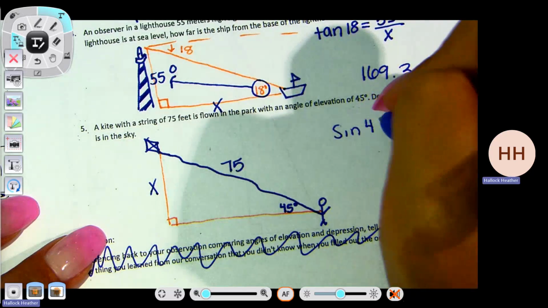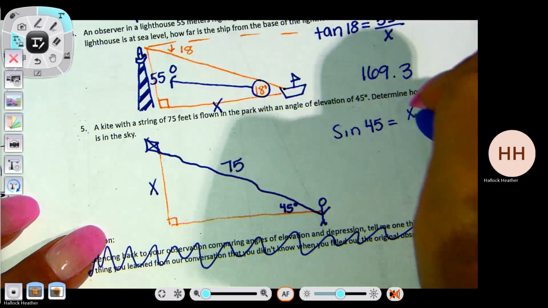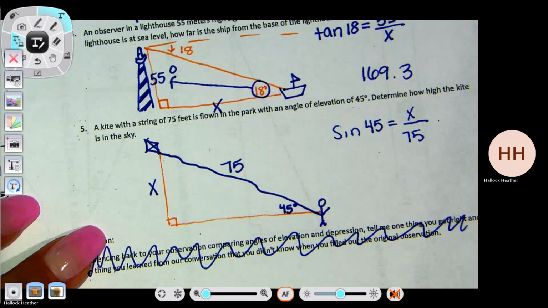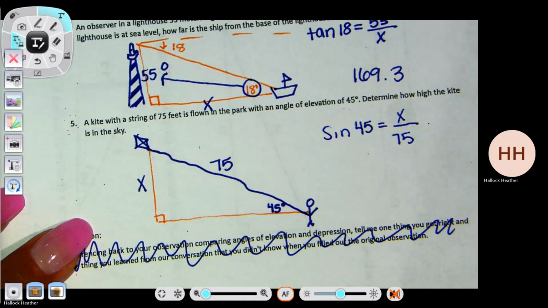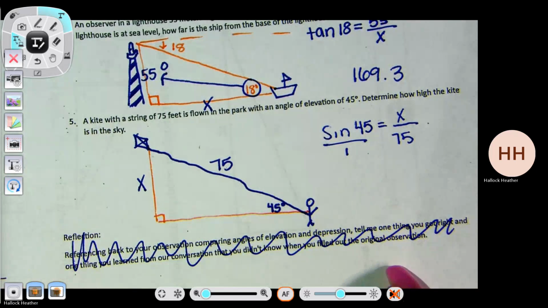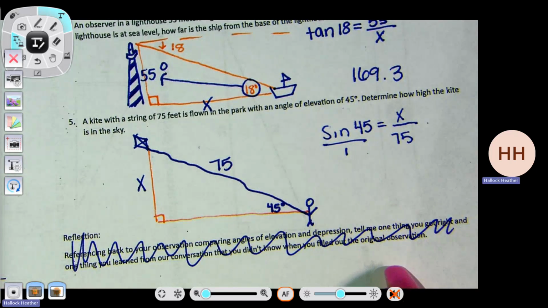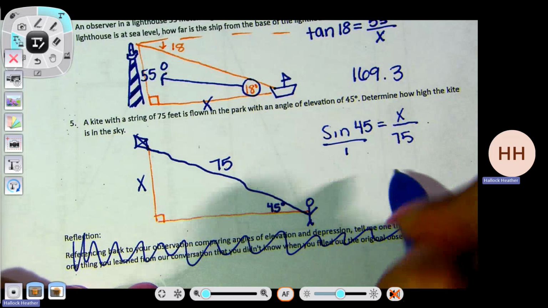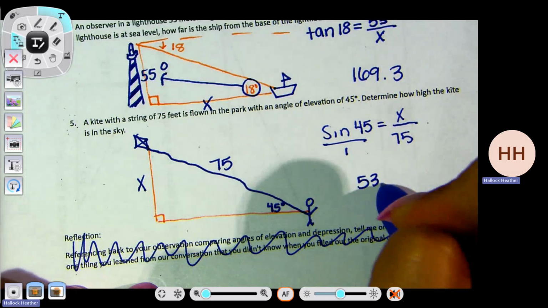So 45. So is it just 53? Yes. Great. Because it ends up being like 53.0 something, 0.03, so no rounding.